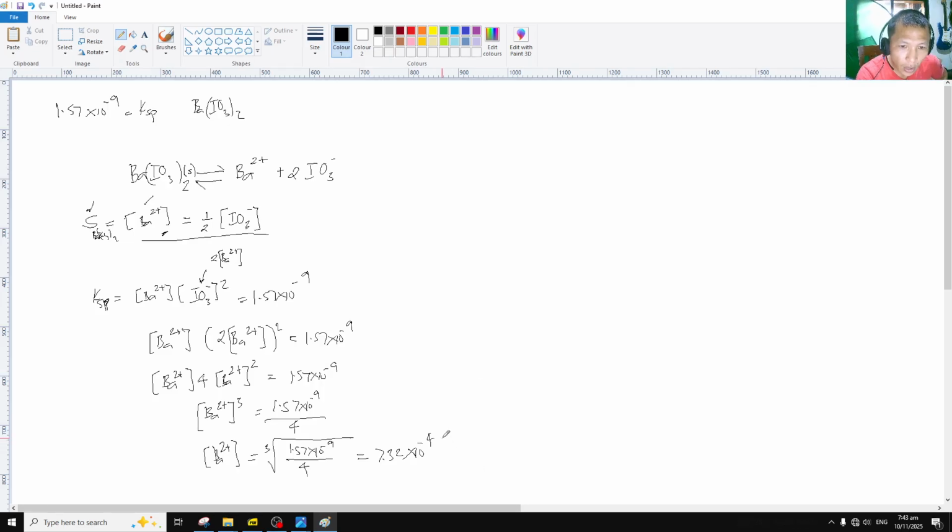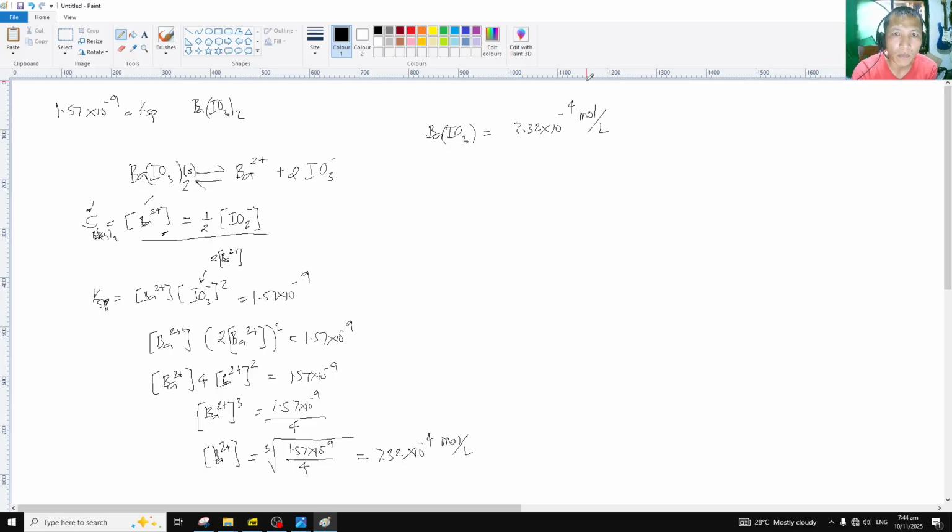Therefore, this unit nito is mole per liter. So, yung KSP, hindi yan nilalagyan ng unit because understood na yan, iba-iba yung unit kasi niya. Depende kung ano yung chemical reaction mo. So, alam lang natin na pag dinisolve na natin sa concentration, the unit should be mole per liter. Yun siya. Okay, so pag alam na natin yung solubility natin ng barium iodate, meaning yung matutunaw na barium iodate is equal to 7.32 times 10 to the negative 4 mole per liter.